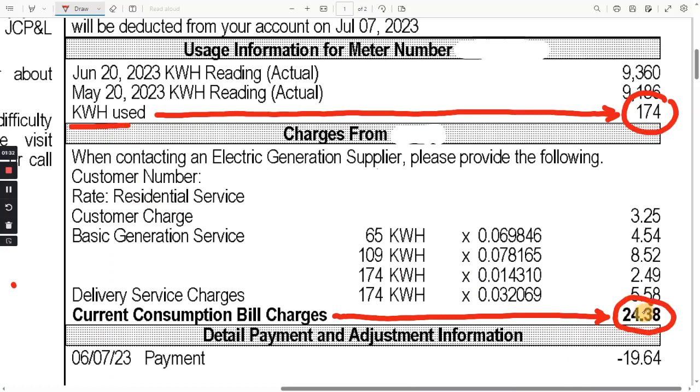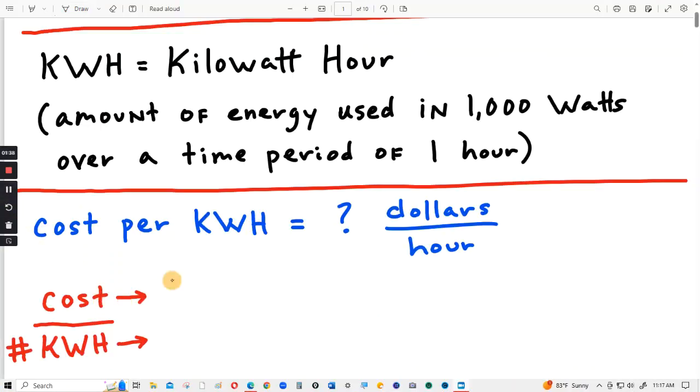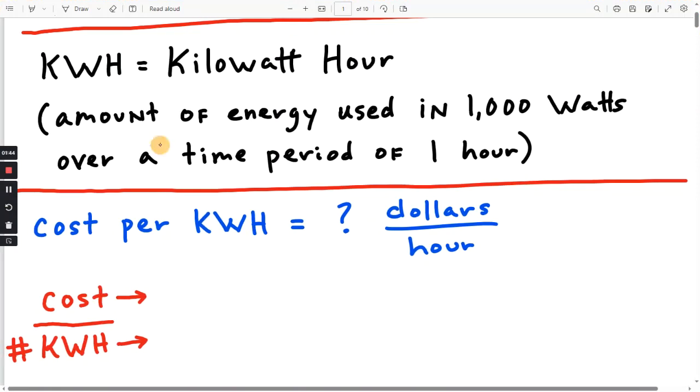So I'm going to divide the price by the number of kilowatt hours. So I want the cost in dollars in the numerator, and from the bill that we just looked at, that was $24.38. Okay, and the number of kilowatt hours used was 174.